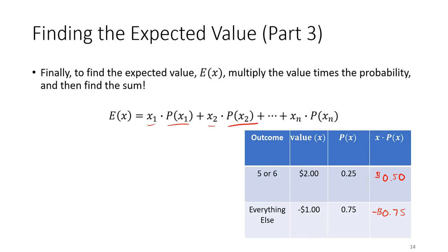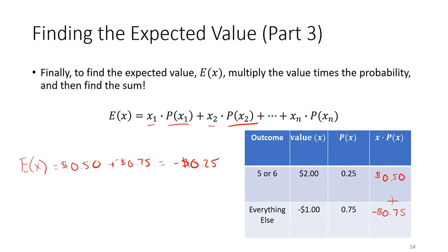And so the expected value is just the sum of these two values, or in this case, 50 cents minus 75 cents, or plus negative 75 cents, which leads to negative 25 cents.